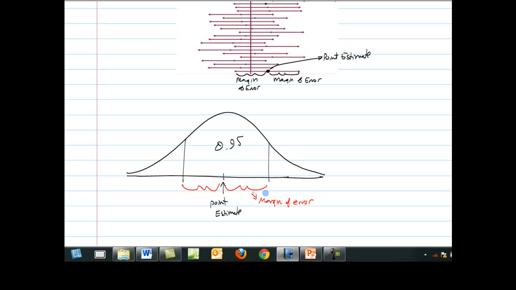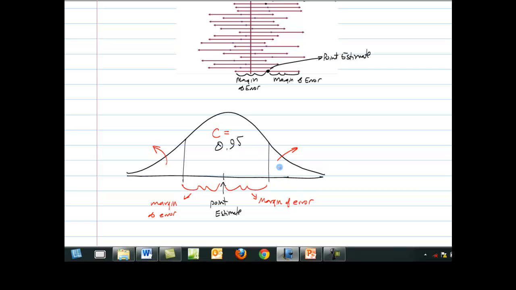Well, if I have 95% of my data centered about the mean, that means I have 5% of my data that's kind of out roaming around somewhere else. But because this is a symmetric curve, I can say, okay, my level of confidence, and we'll use C for confidence here, is 0.95.